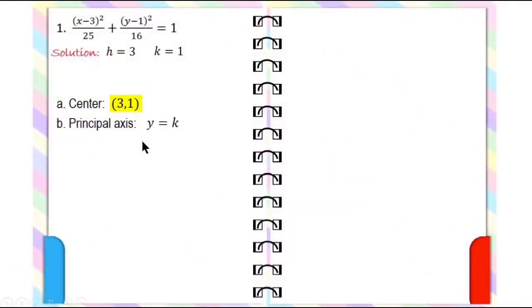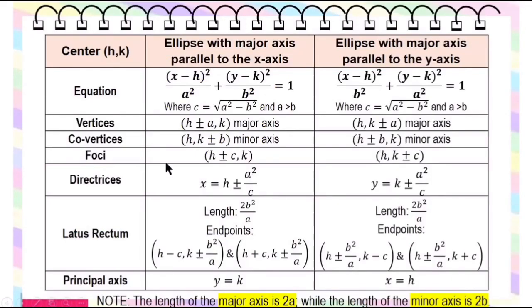Therefore, the principal axis is the line y equals 1. The vertices are (h plus and minus a, k). The co-vertices are (h, k plus and minus b). The foci, (h plus and minus c, k). And the directrices are x equals h plus and minus a squared over c.